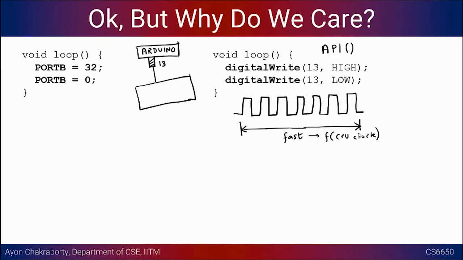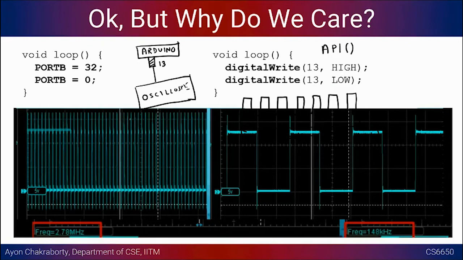So how frequently we are switching this, if there is no other overhead, because in the code we did not introduce any other overhead. So if we actually attach an oscilloscope here, you can see the output in the following. As you are observing on the left hand side, we can see the frequency at which this pulse gets created is something like 2.78 megahertz, right?